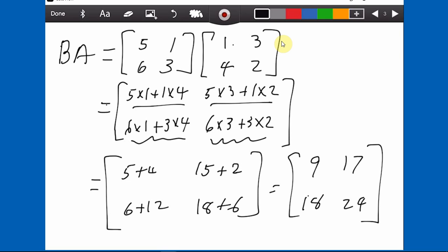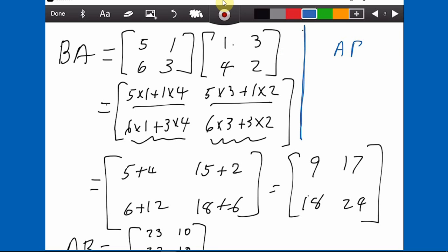Now, if you go back to the last page and have a look at what AB is from the previous page, we found that AB is 23, 10, 32, and 10. So AB was equal to 23, 10, 32, and 10.